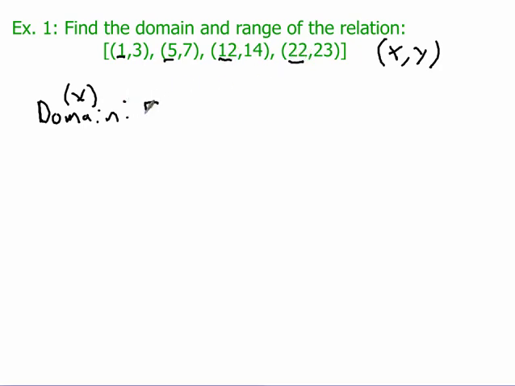So my domain is just this set, 1, 5, 12, 22. I'm sorry, I don't know why I said 14, it's actually 22. The domain is just the set of all the X values.